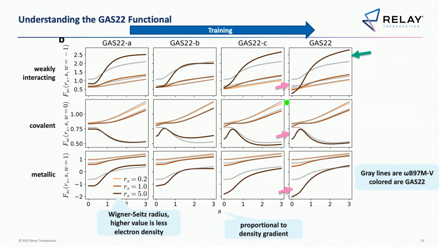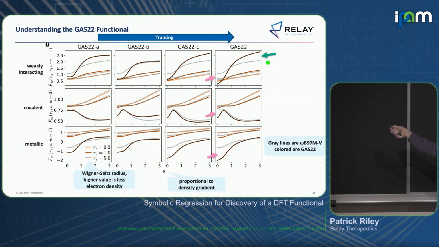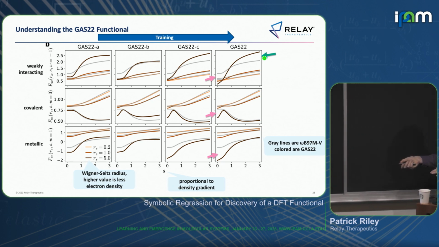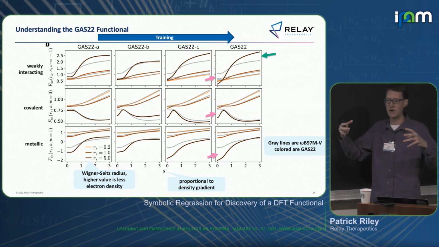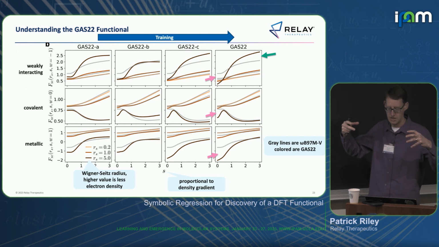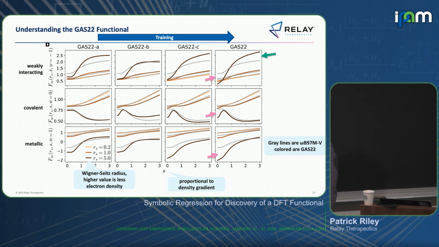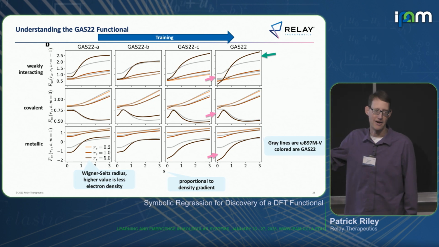So that's one regime where we see different behaviors, when there's a low density gradient. And then the other one that's noticeable is up here for weakly interacting systems. Imagine very weak bonds or things that are not that close to each other. And at low density, we have quite a bit higher factor.